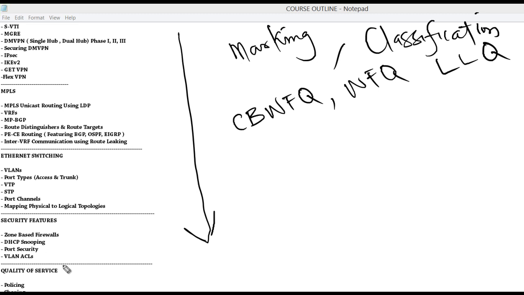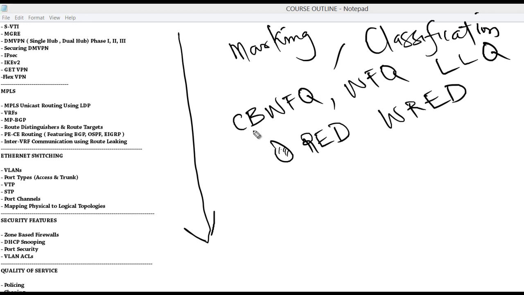We talk about congestion avoidance. When you are talking about congestion avoidance, that means you drop some traffic even before it gets to the interface that is already congested or about to get congested. You select traffic that should be dropped. This is RED, and WRED.